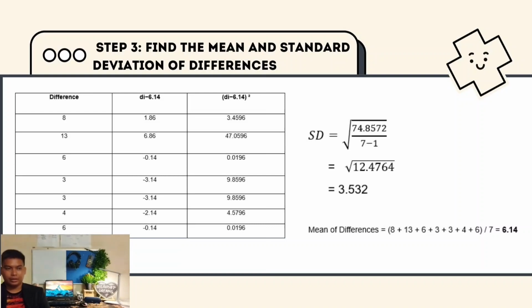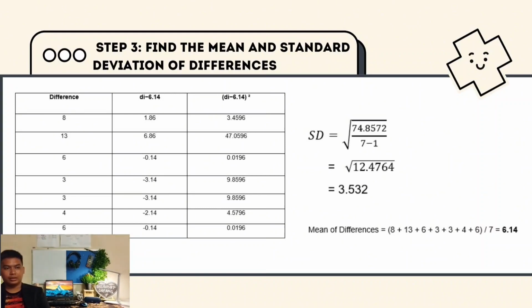First, we calculate the difference between each participant's weight before and after the program by subtracting the after weight from the before weight. We then compute the sample mean of the differences, which comes out to approximately 6.4 pounds. Next, we calculate the sample standard deviation of the differences, which is around 3.532 pounds.